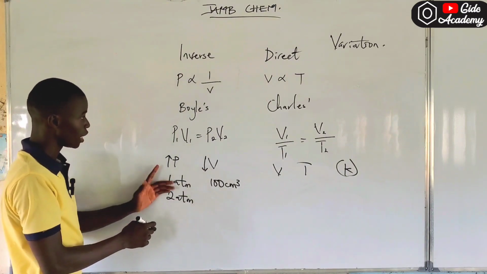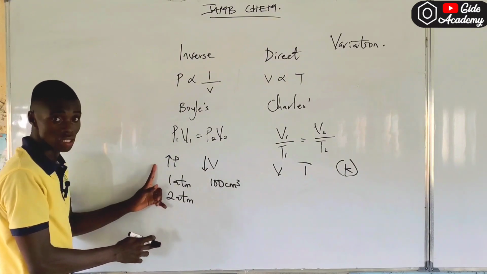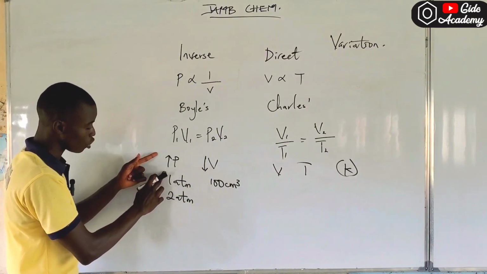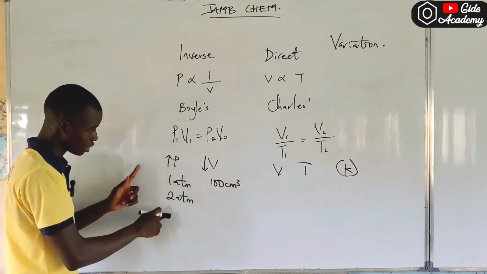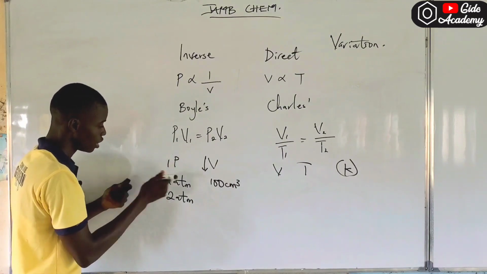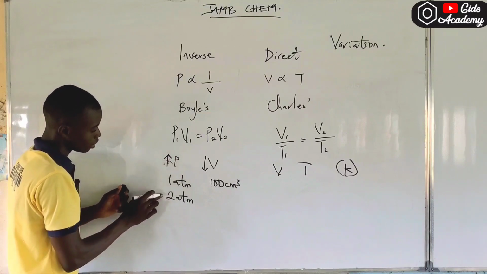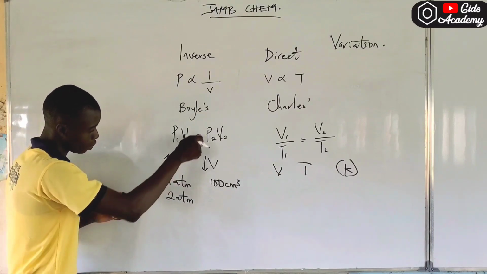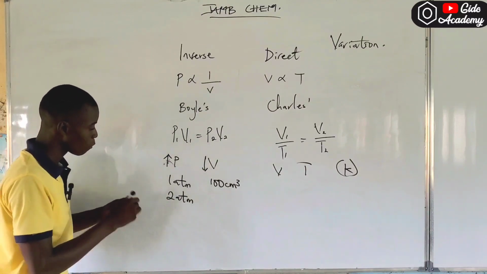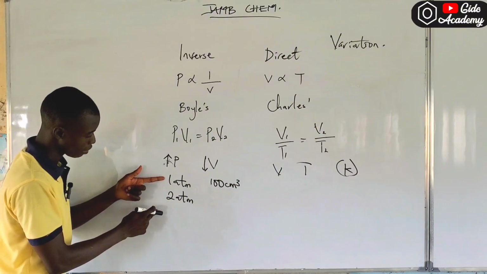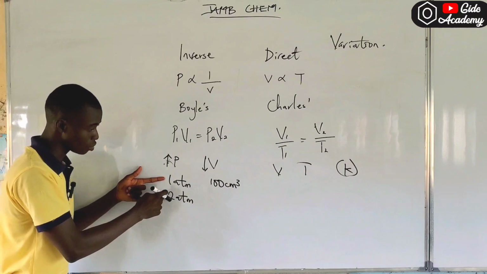I say again, inverse variation: when one of them increases, the other one will decrease. So if pressure decreases, volume will increase. This one is increasing, while this one will decrease. So it increases by times 2.